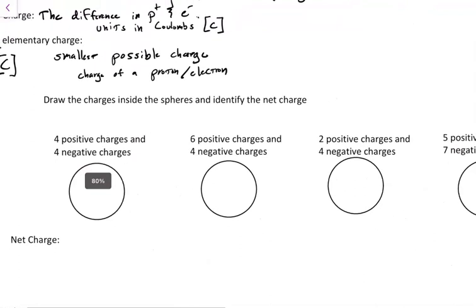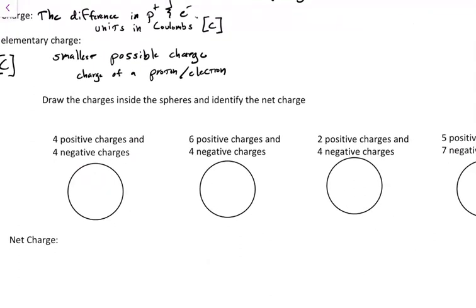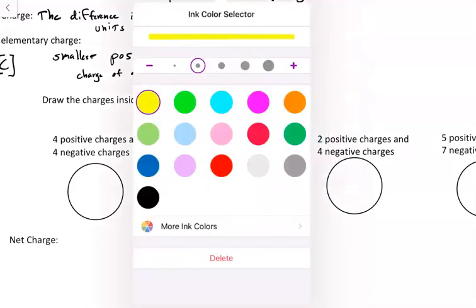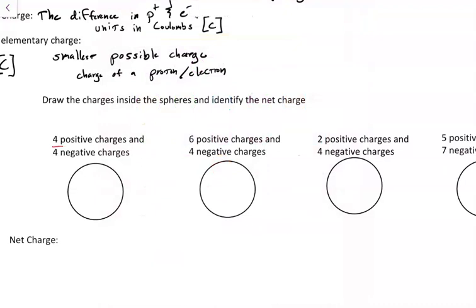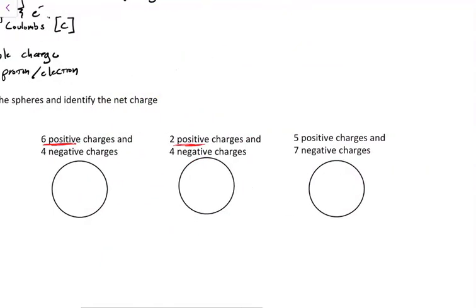So let's draw the charges inside these spheres and identify net charges. I'm going to do positive charges as red charges, and I'm going to do negative charges as blue charges.